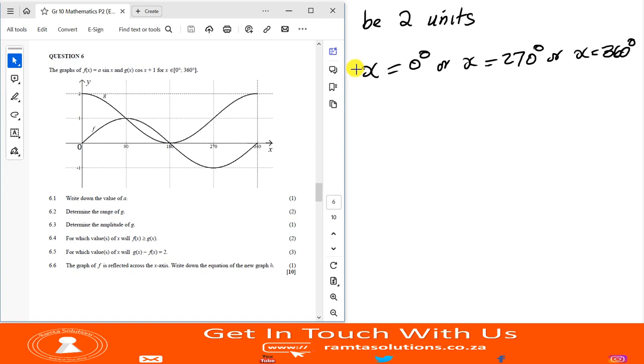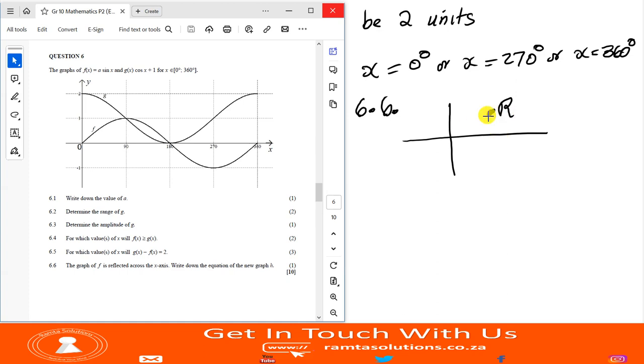Now, let us head to the final question here. 6.6. It says the graph of f is reflected across the x-axis. Write down the equation of the new graph, which is h. Guys, when they say reflection across the x-axis, say this is point Ramta.